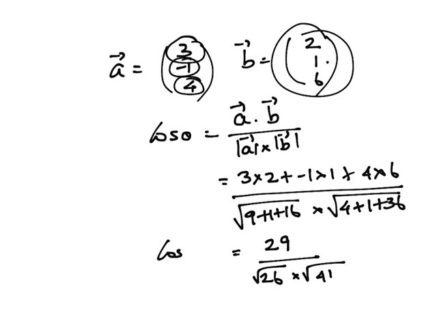This is cos theta. So theta equals cos inverse of this value. You can use the calculator to find the answer. So this is how you find the angle between two vectors.